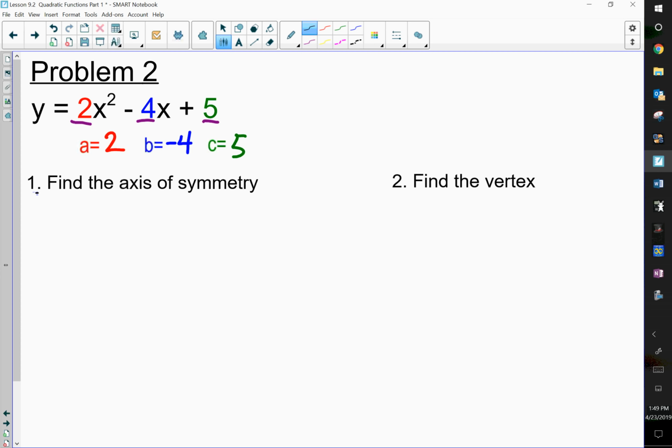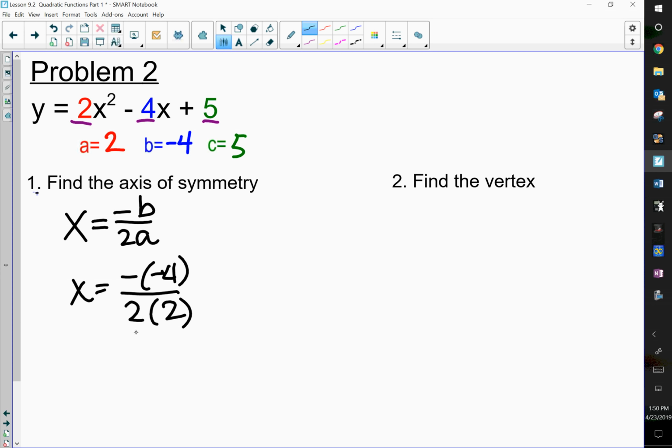So your first step is to find the axis of symmetry. It helps if you write out the equation for the axis of symmetry each time you do these. That way you'll remember it and you won't have to worry about getting it wrong. x equals negative b over 2a. So x equals negative, in this case b is negative 4, over 2 times a, in this case a is 2.